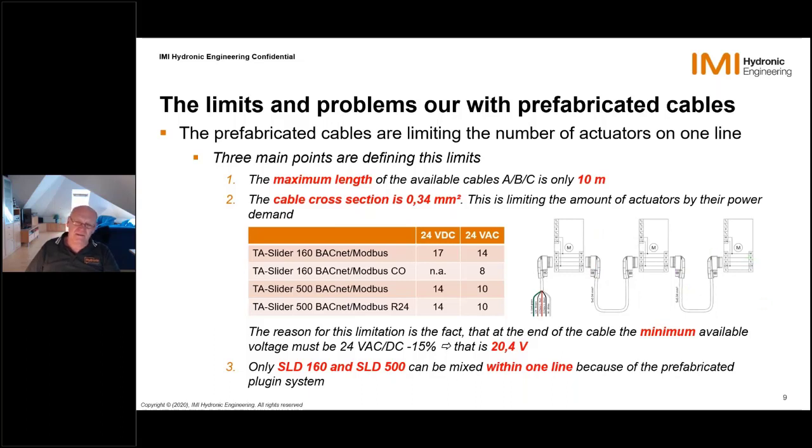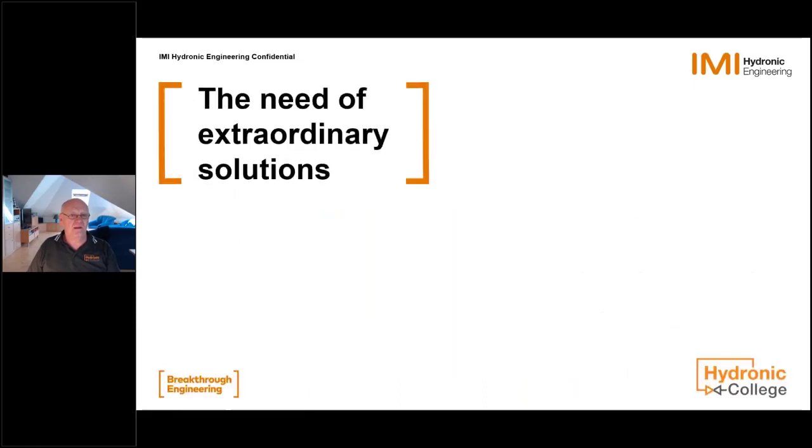They are working on this problem. It's caused by the halogen-free cables and by the type of the connections. It should be solved, but you should know it. If you can reduce the number of plugins per motor or per actuator, it would also increase the safety on the bus.